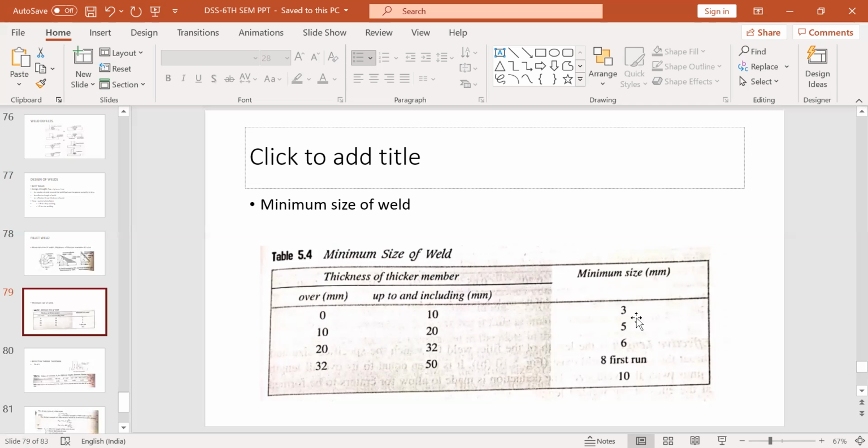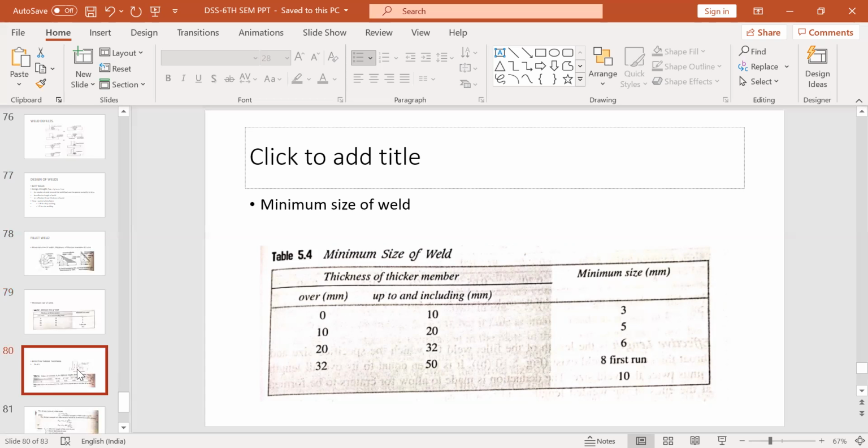Then take 6 mm, somewhere between 5 and 6.5. Or if the minimum is 3 mm, then take something between 3 and 6.5, say 5 mm. You have to judiciously decide what thickness to take.